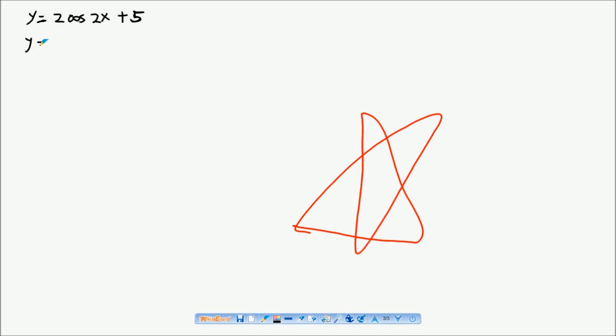The graph should have the form a cosine bx plus c plus d. Our standard graph is y equals cosine x, which looks like this.